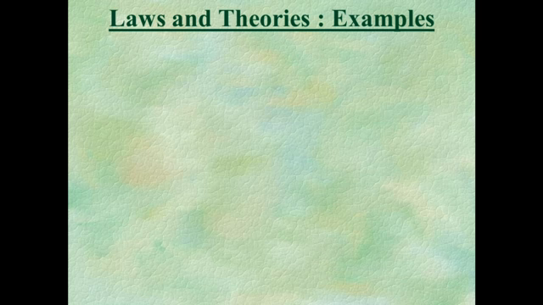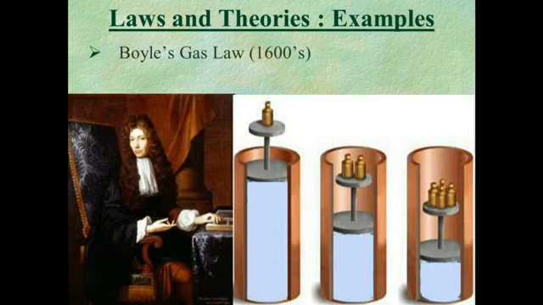Okay, another example, of course we haven't talked about, and this is Boyle's gas law. Boyle's gas law states that the pressure, the volume, and the temperature of gases are related. He developed this in the 1600s, but what we didn't have at that time was a model of molecules.